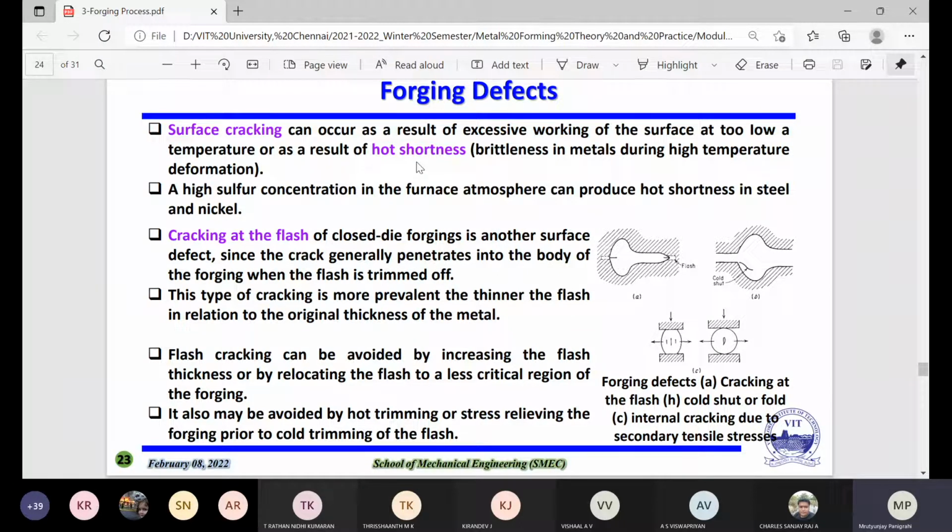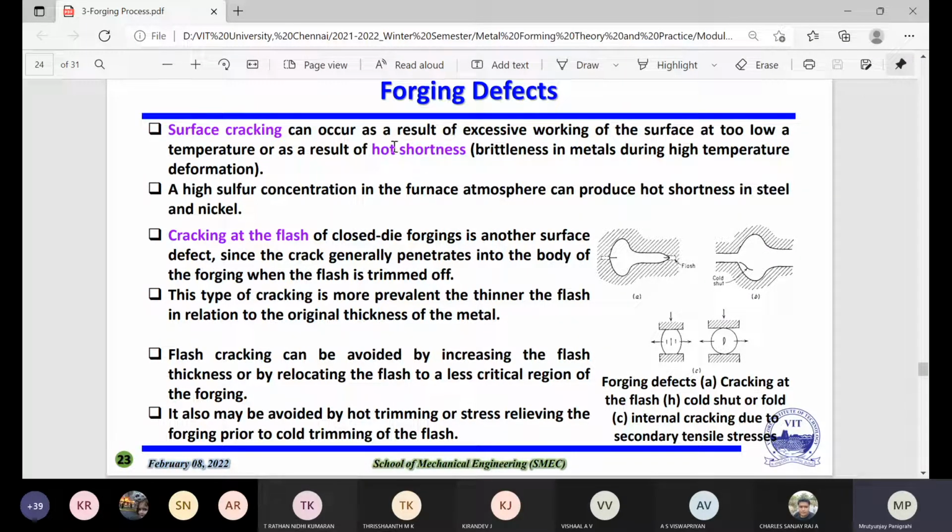Sometimes when you find some cracks, why? Because if there is a temperature gradient, a difference in temperature, then you find cracks. One more thing: we'll talk about hot shortness when we discuss sheet metal forming, maybe in module 5. Why do you get hot shortness?